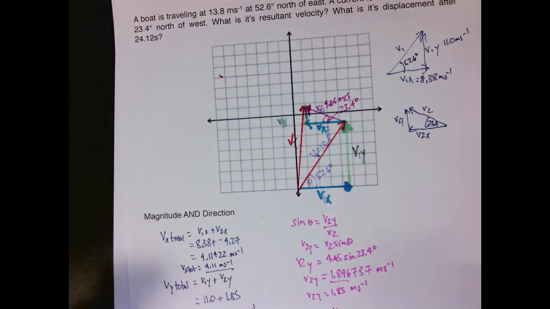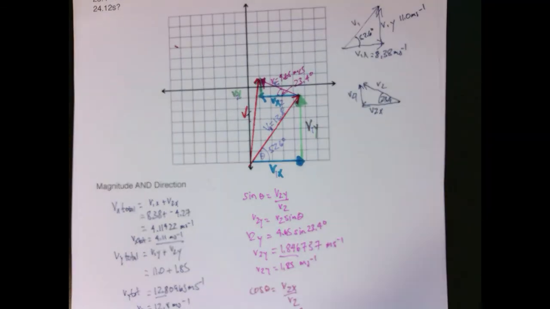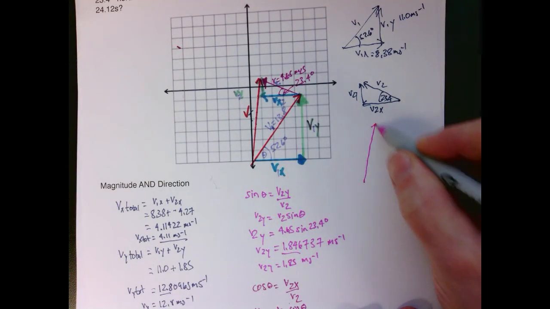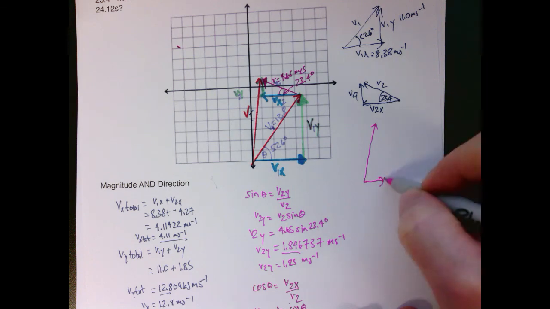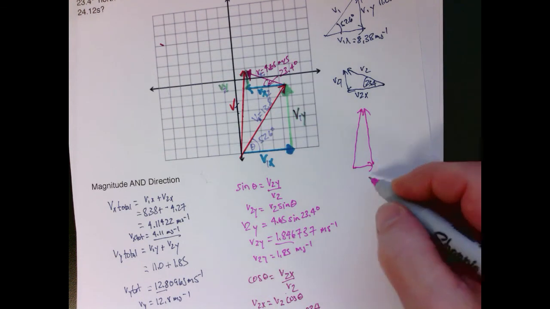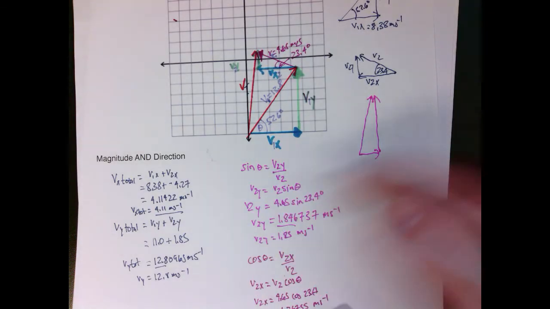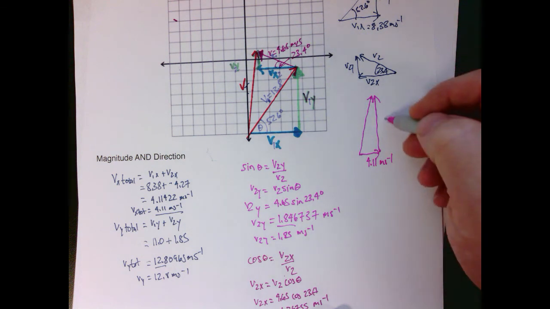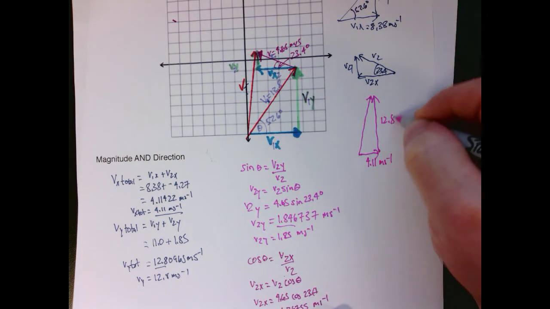So now, what do we know? We have our final resultant triangle, which looks like this. And we just determined that vx total is 4.11 meters per second, and vy is 12.8 meters per second.